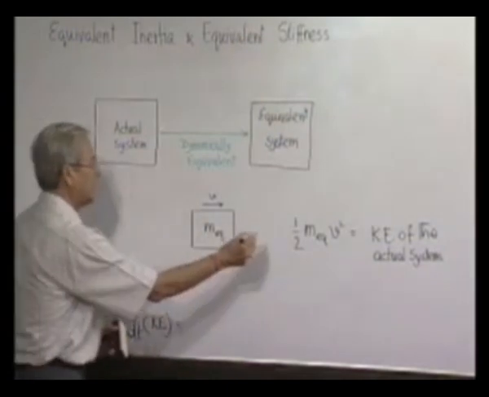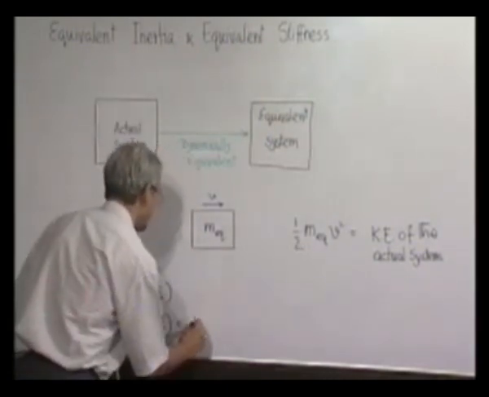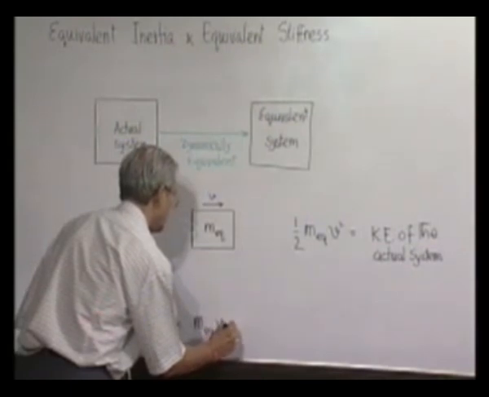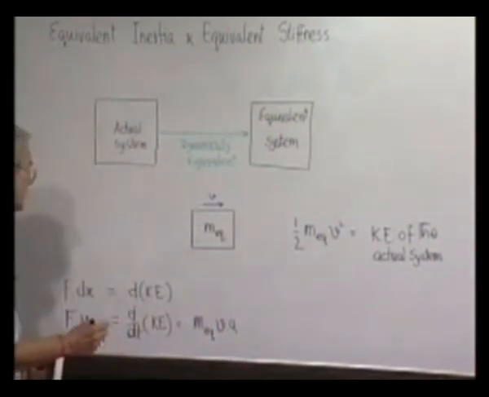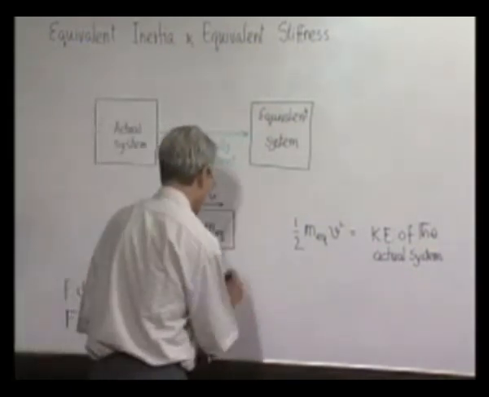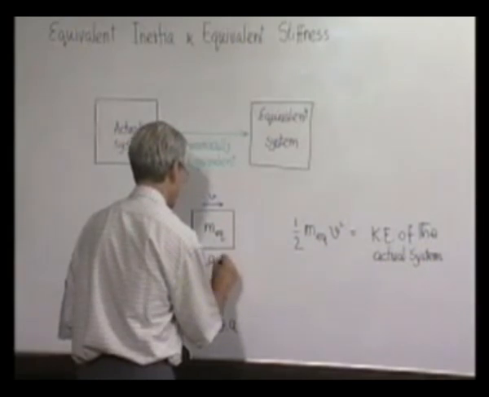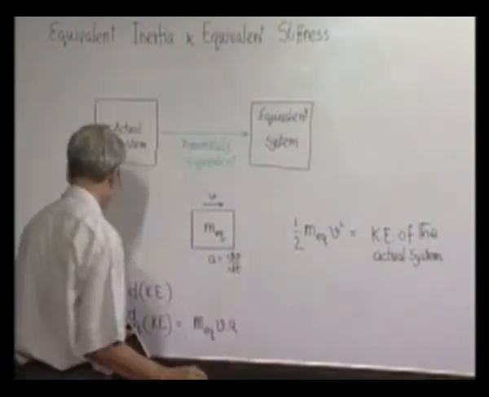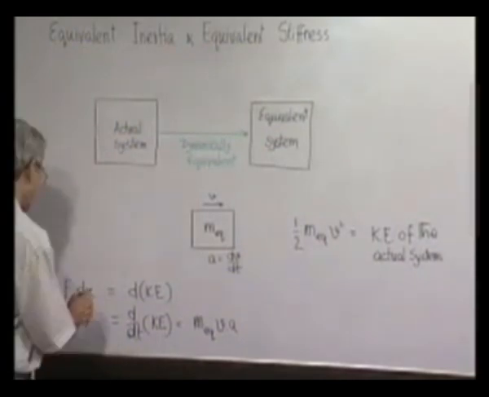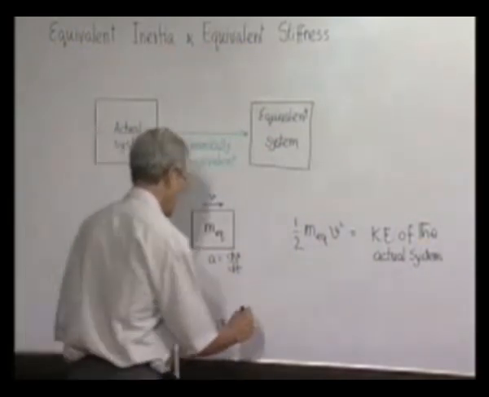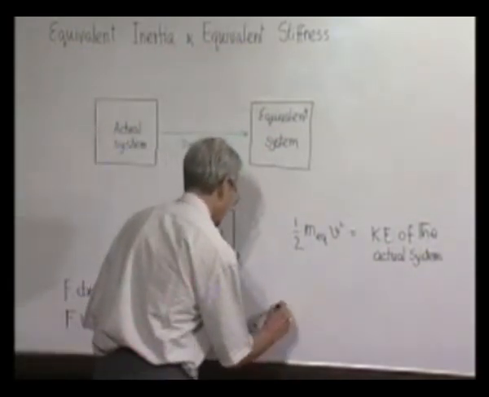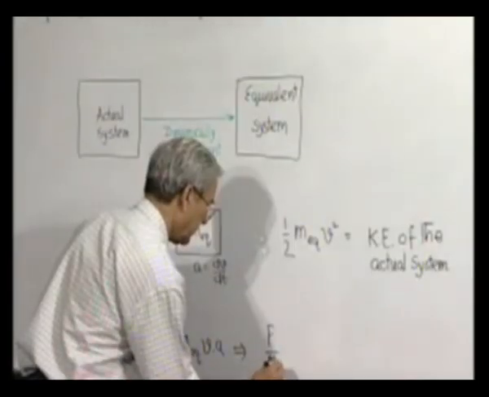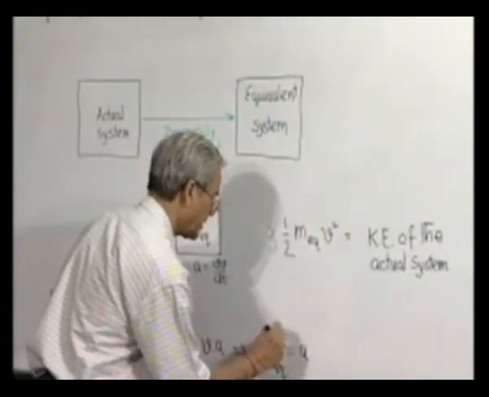Now, kinetic energy is same as this, so this will be nothing but M equivalent into V into A, which is dV/dt. A is nothing but acceleration. Since V is not 0, from this we get that F by M equivalent is equal to the acceleration.